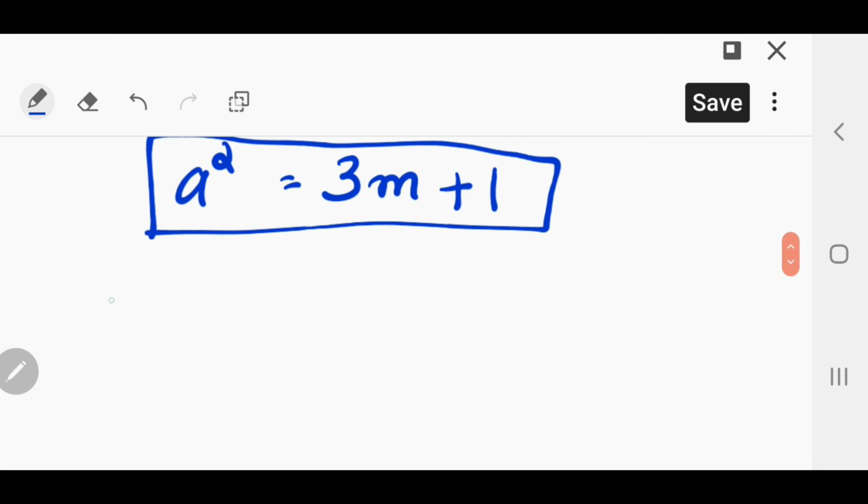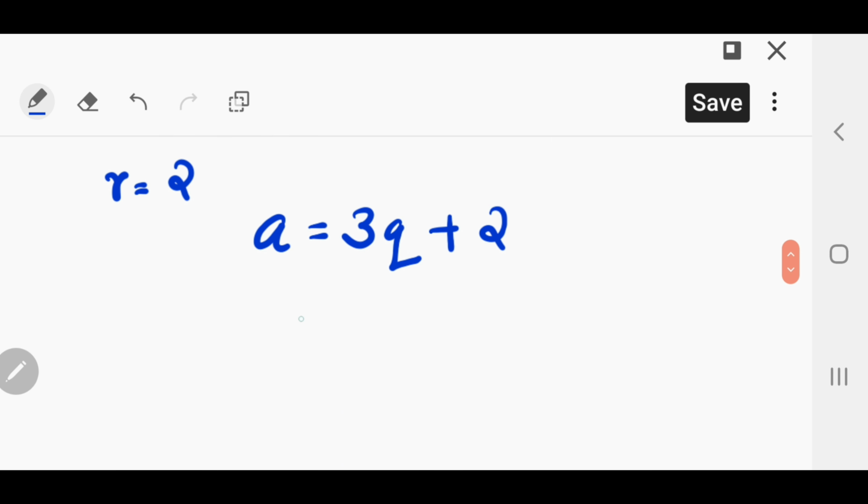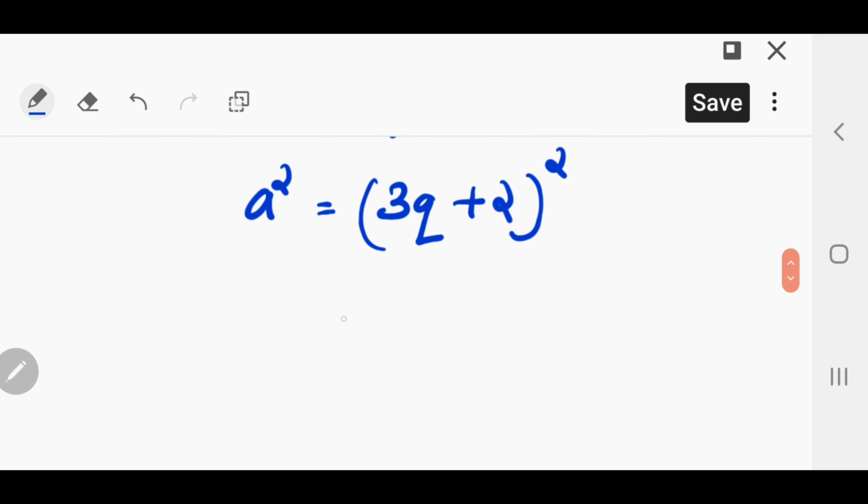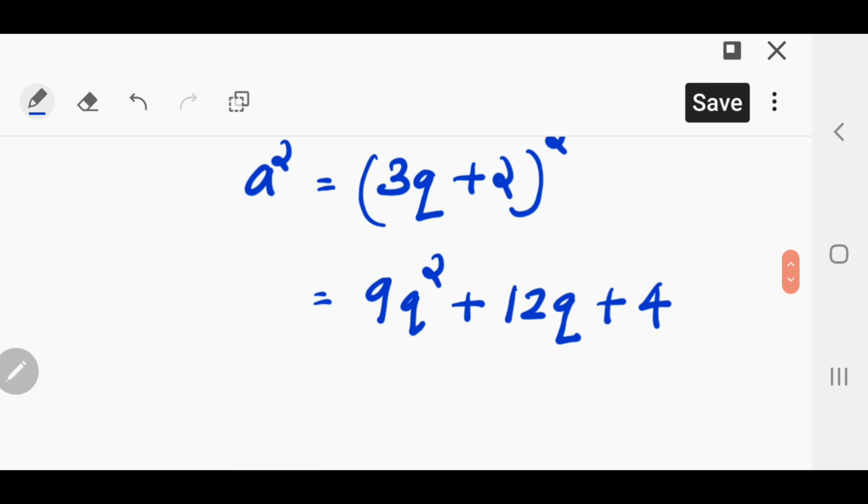Now we have one more case when r is equal to 2. If r is equal to 2, our a is equal to bq plus r. So 3q plus r, here 2. Now what we have to find out? Square. a square is equal to 3q plus 2 the whole square. Same a plus b whole square identity, we will get 9q square plus 12q plus 4.